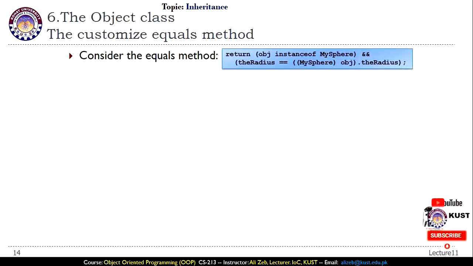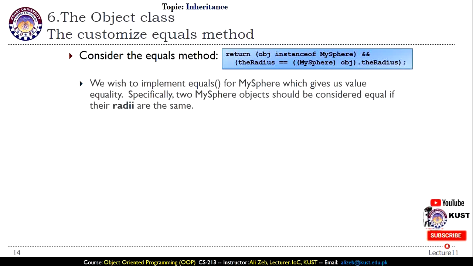Consider the equals method. What we want to do is implement equals for my sphere, which gives us value equality. Specifically, two my sphere objects should be considered equal if their radii are the same.